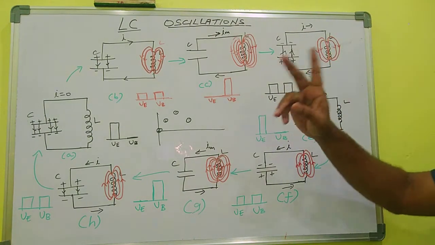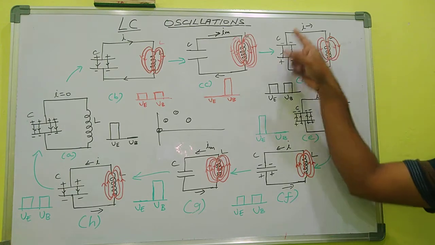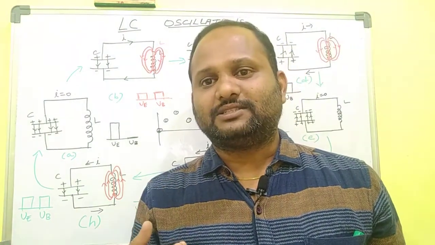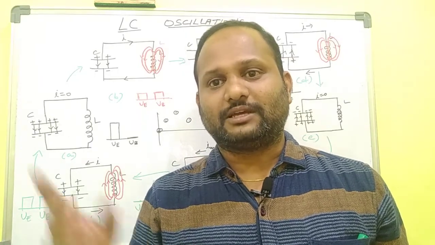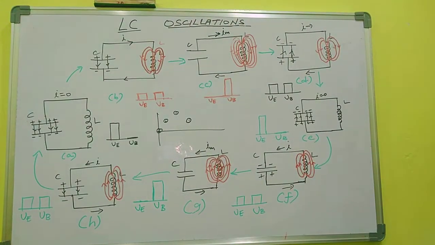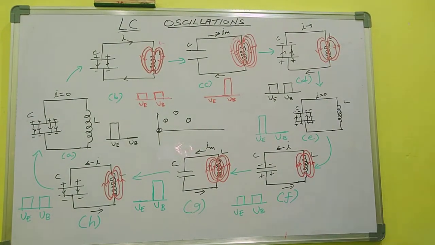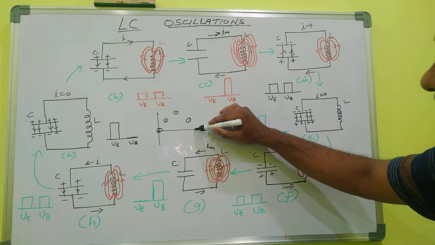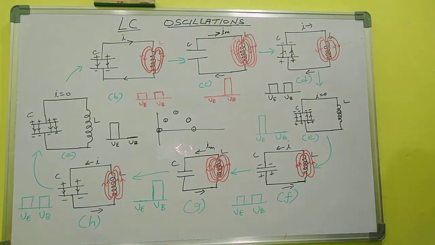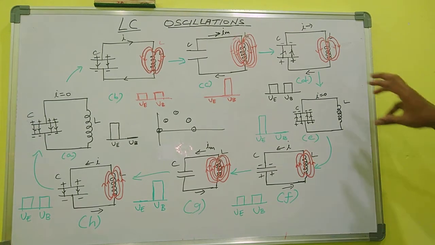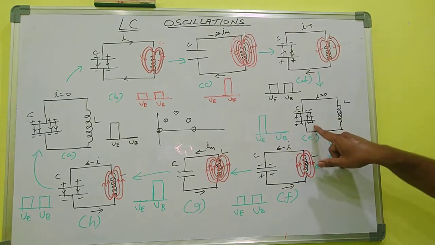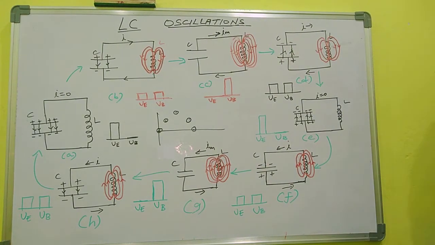In this case, two important things I tell you. One is the direction of current, and another is the charging of the capacitor in the opposite direction compared to the first case. The next step: the current goes on decreasing and it goes to zero. So there is no current flowing. In this condition, the magnetic energy is fully converted into electrical energy.